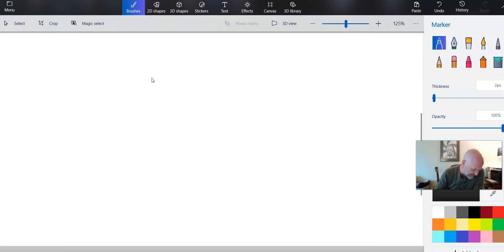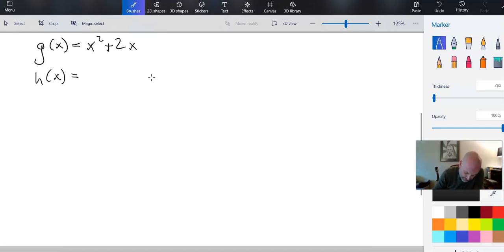Okay, so the next example, let's do g of x is equal to x squared plus 2x, and h of x is equal to 2x plus 1.